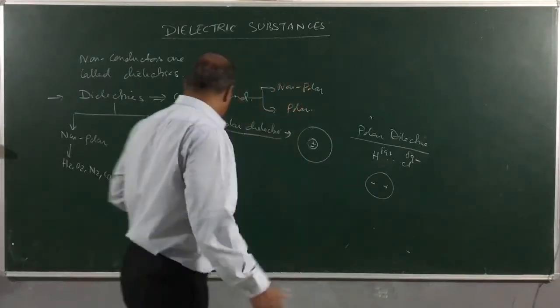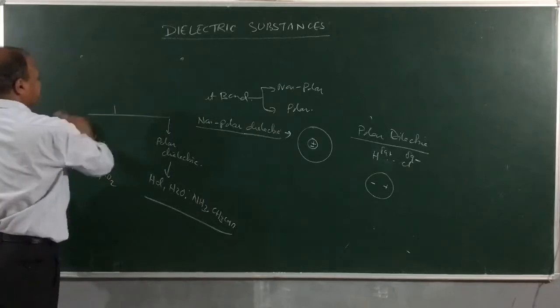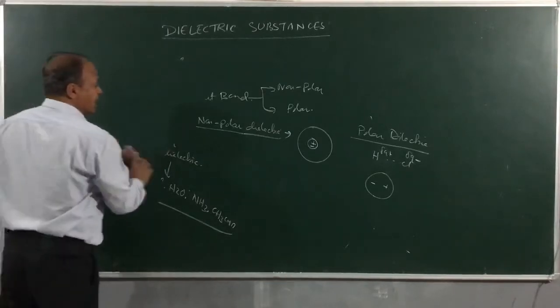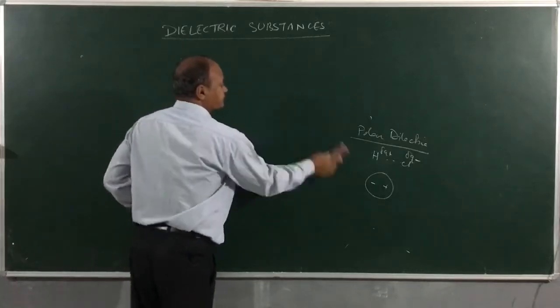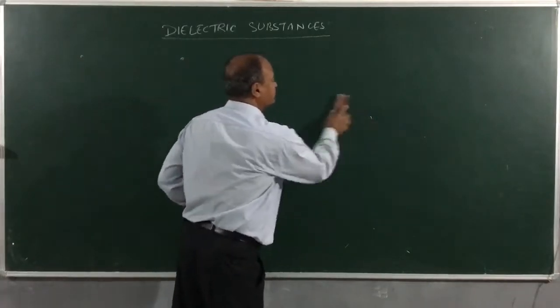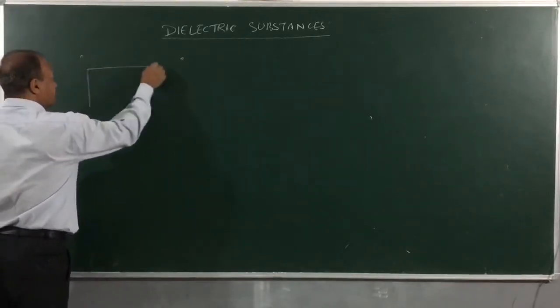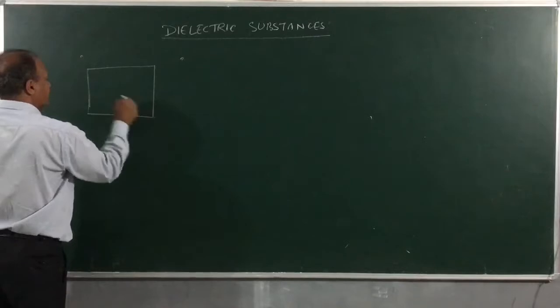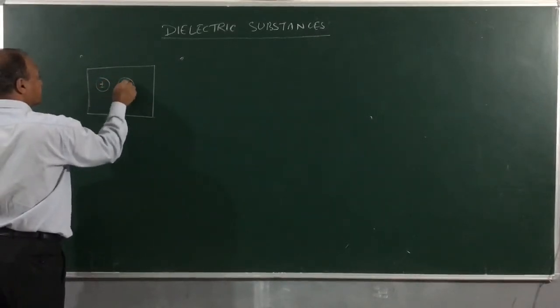So we can sum up our discussion like this. If you take a dielectric and you do not apply any external electric field, then in the absence of an external electric field, the center of gravity of positive and negative charge will be something like this.